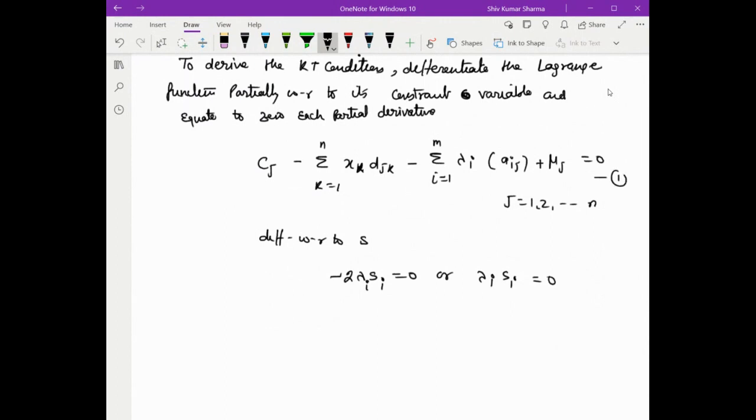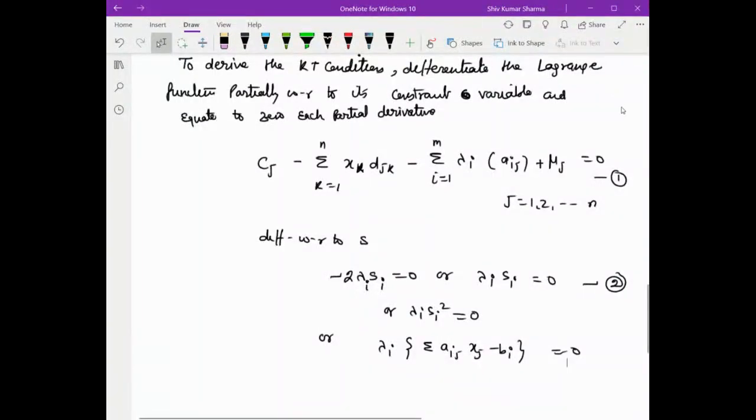This is the second equation. For the third equation, we can write lambda i si square equal to 0, or lambda i times (summation of aij xj minus bi) equal to 0.